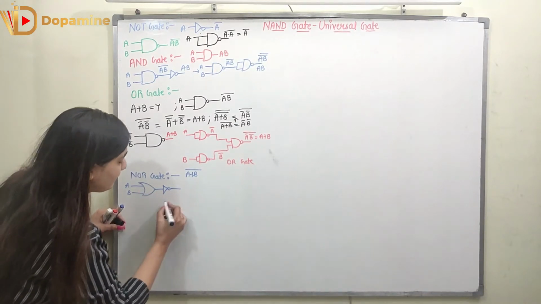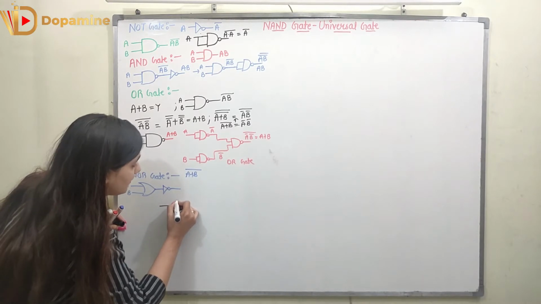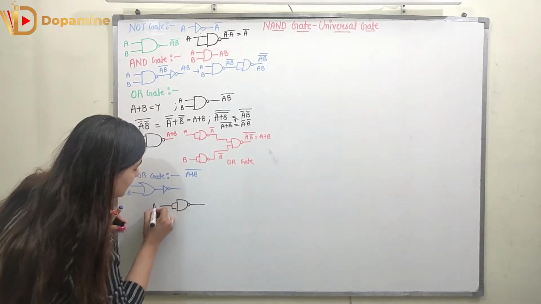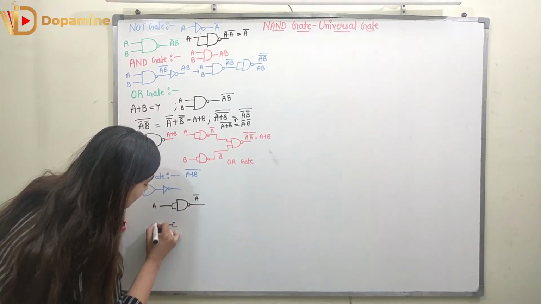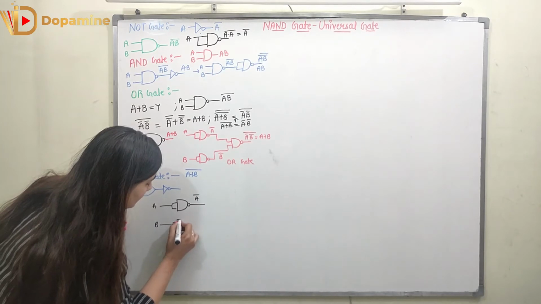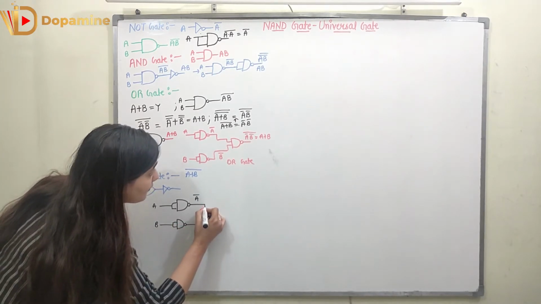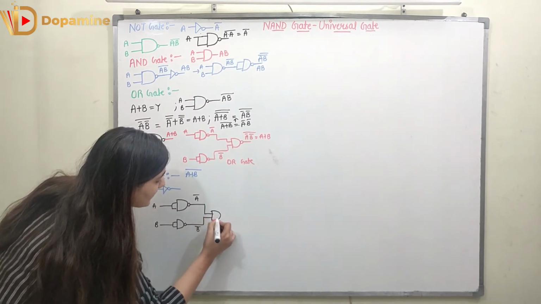Over here I have the OR gate. So the OR gate over here is, this is A, I will get A bar over here. This is B, I will get B bar over here. Right? So now after that I am sending these two to the NAND gate again.